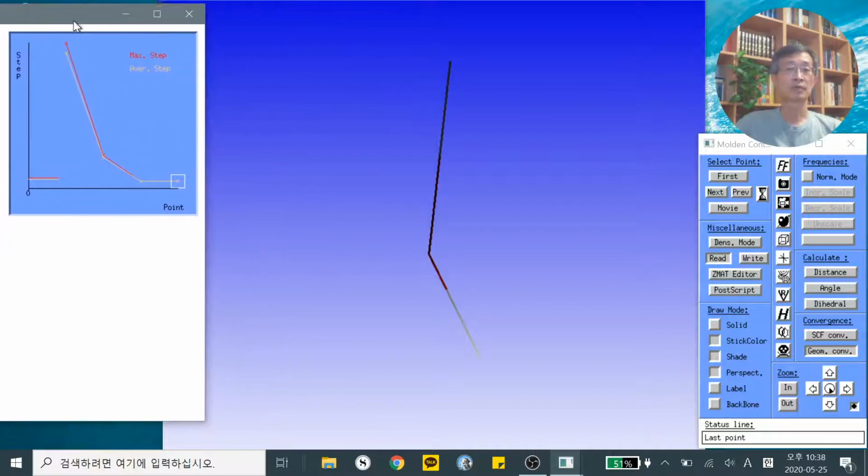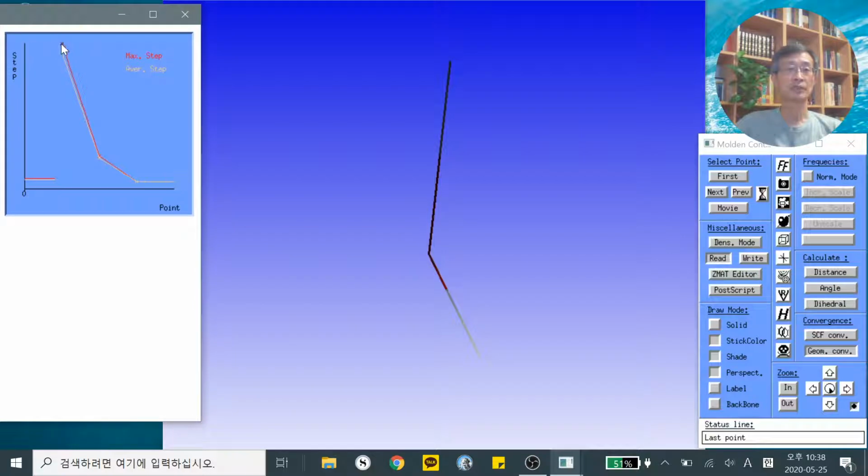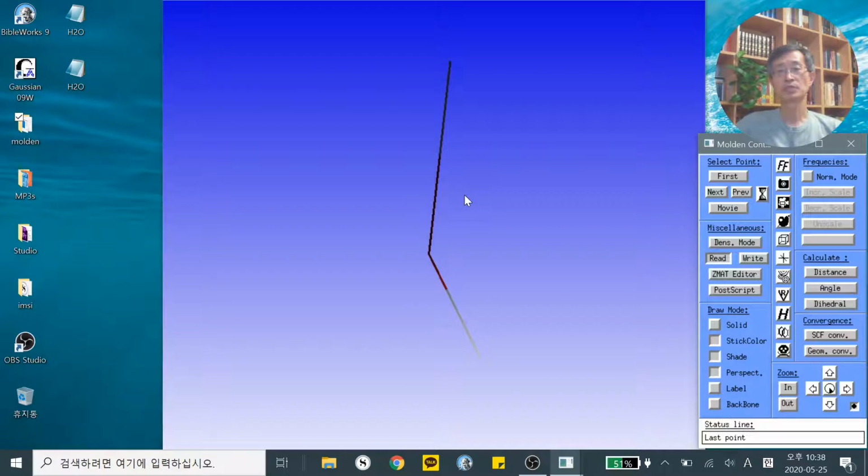Basically what it shows you is each step. Okay, that's the first step, and then the second step. For example, first step, second step, and third step. It does not really move much. Third step, yeah, see, very small movement at the end. So this is the same. So this shows you how the optimization is done.